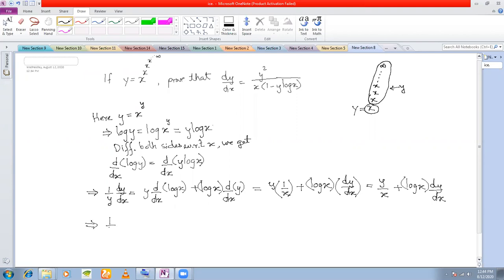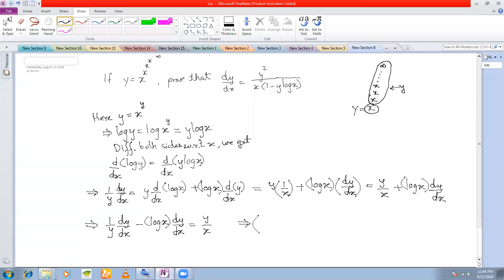Okay, now we take the dy/dx together. That means 1 by y dy/dx minus log x dy/dx is equal to y by x.